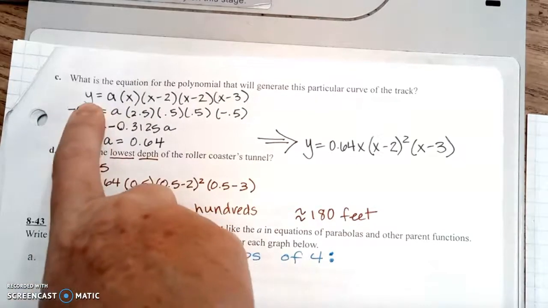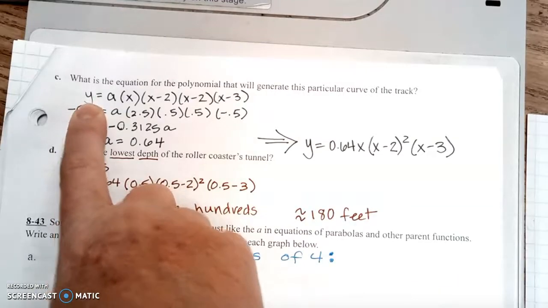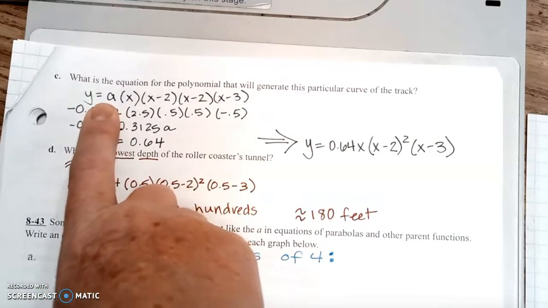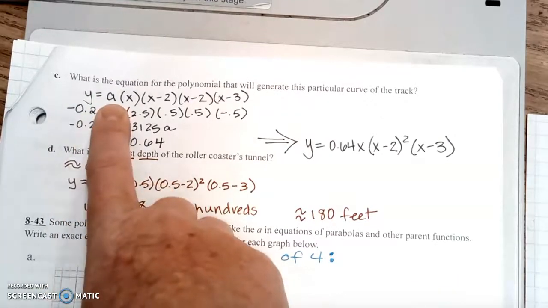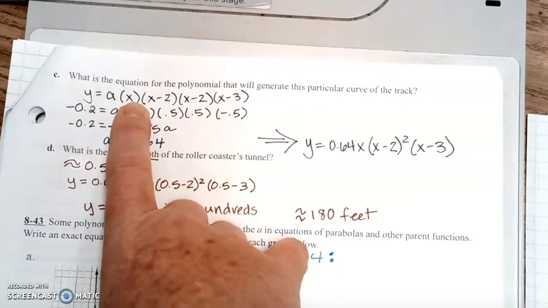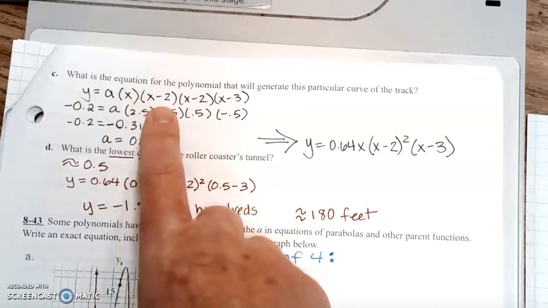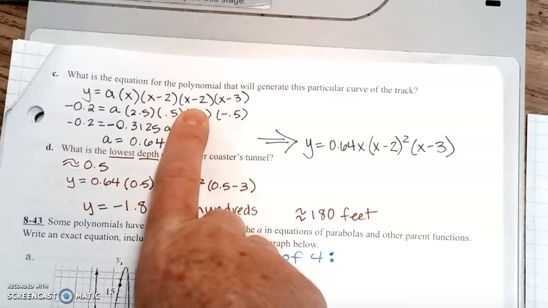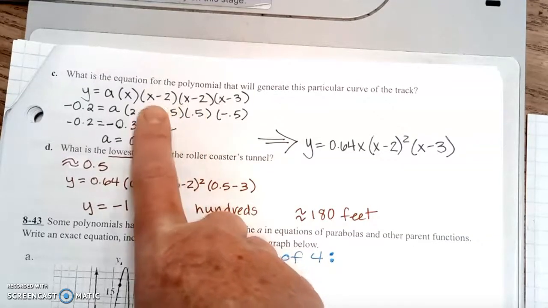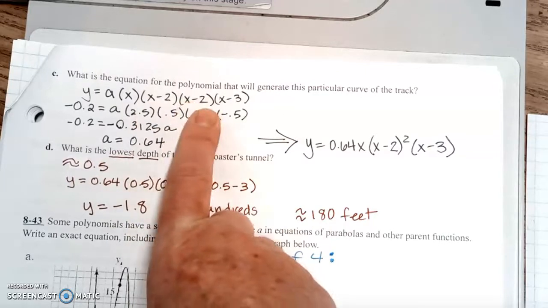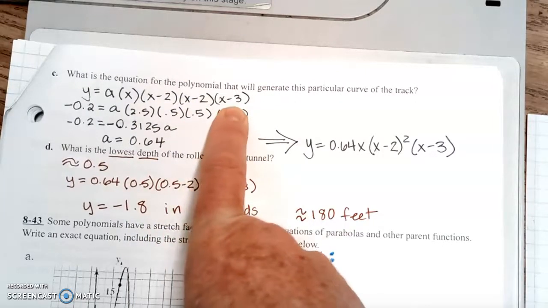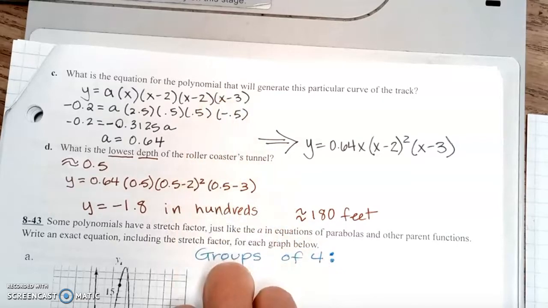We are going to use y, just because that's easier, but you could call it function of x, equals whatever the stretch or compression, we'll call that A, and then I just got these from where it intersected the x-axis. There was 1 at 0, there was 2 at positive 2, that was our double. You can write it as x minus 2 squared, but for me it was just easier to write it twice. And then there was an intersection at 3, so that's where my x minus 3 came from.